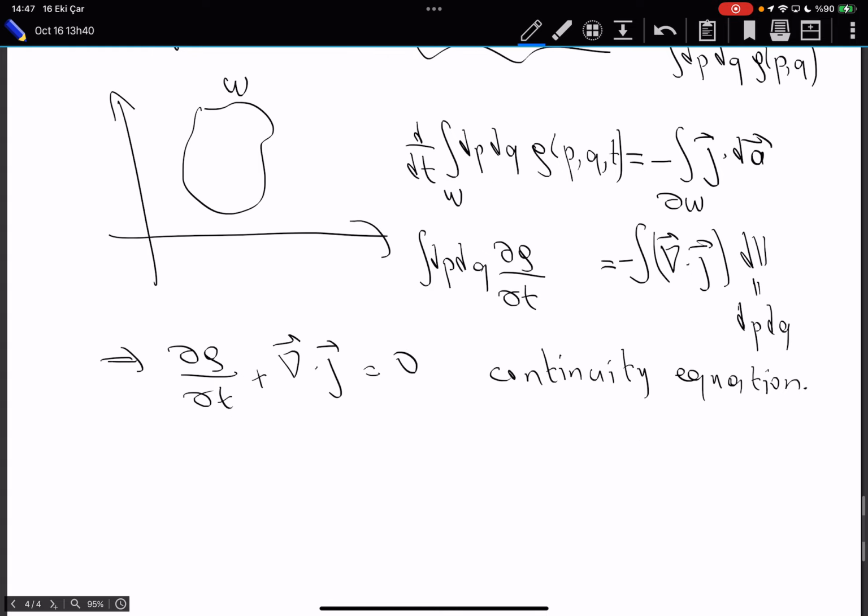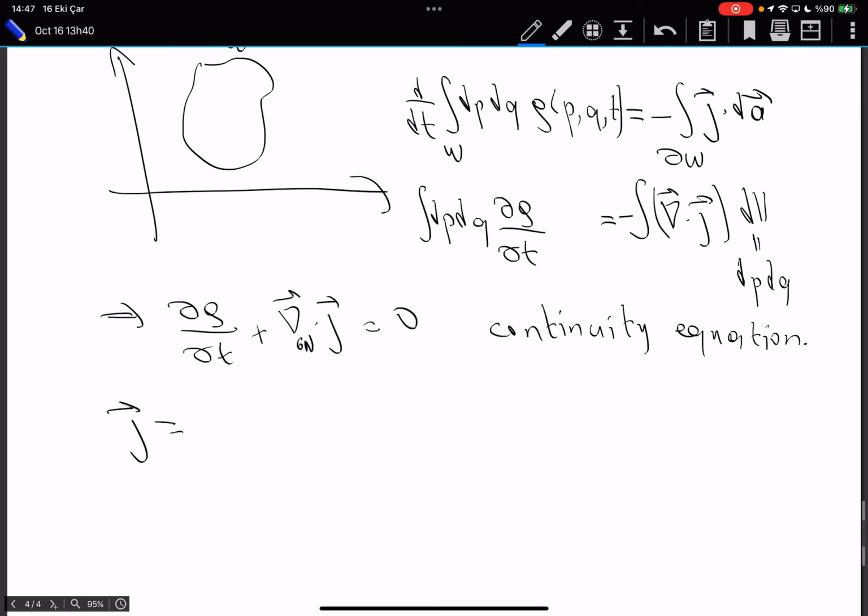Now let's look at J. What is J? And also keep in mind that this divergence is not the three-dimensional divergence. I'm in 6n dimensional phase space, so this divergence is a 6n dimensional divergence with respect to each of the coordinates of position and momentum. Now, what is J?